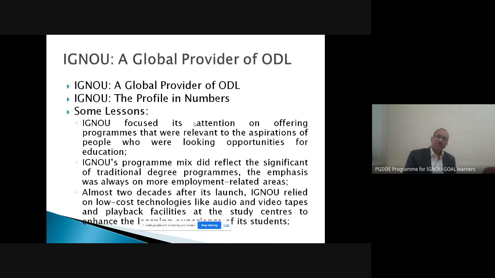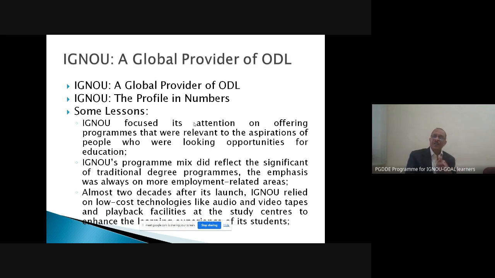I think after 2 decades of its launch, IGNOU relied on low-cost technology. Initially, as I said, we depended on audio-video programs, and these were also not sent to the students straight away. At that time, we used to send audio and video tapes in respective disciplines or programs to the learning centers.